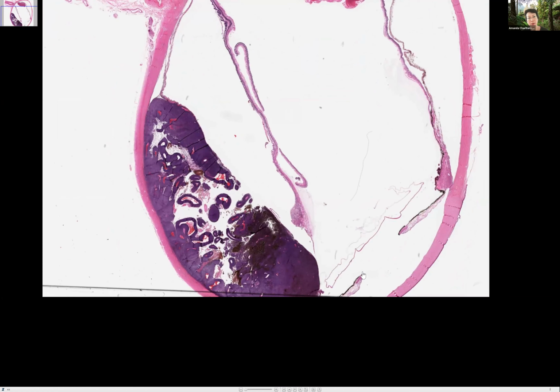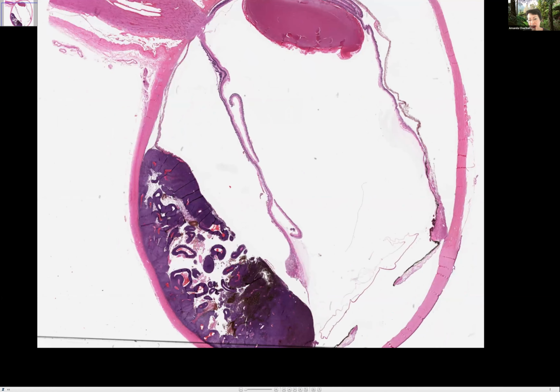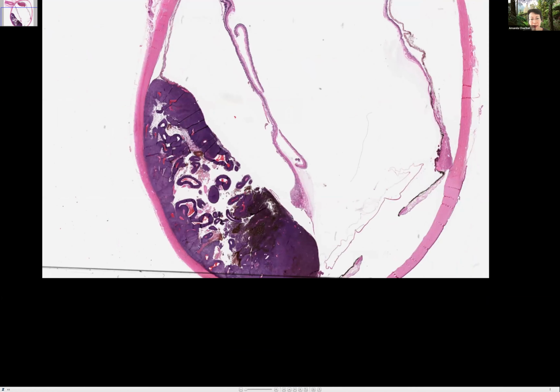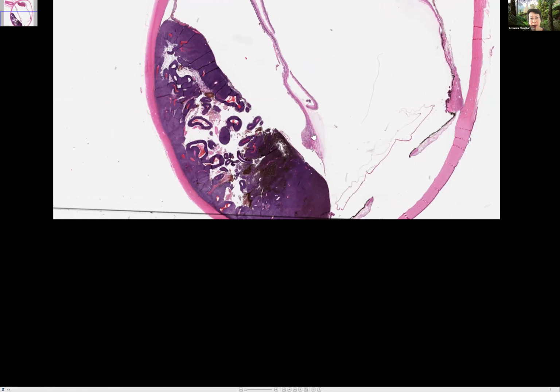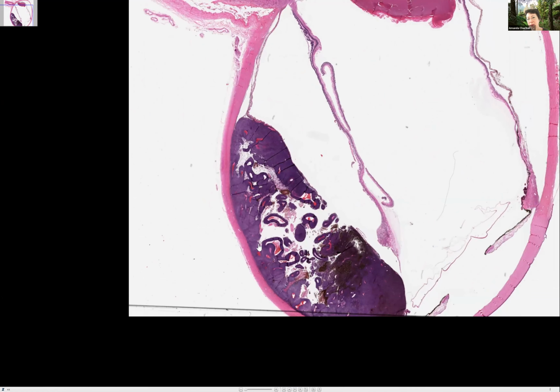This is a pupil optic nerve section of an enucleated globe. And I can see in the posterior globe there is a large mass lesion situated across the equator. It appears to be arising from and expanding the choroid.